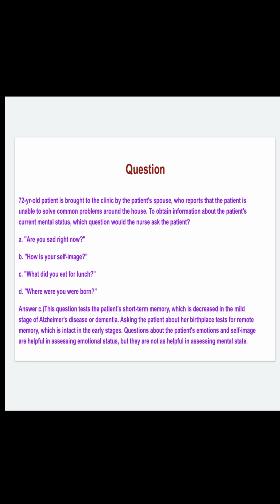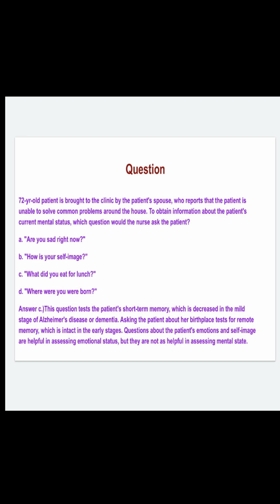Next one is, an older patient is brought to the clinic by the patient's spouse, who reports that the patient is unable to solve common problems around the house. To obtain information about the patient's current mental status, which question would the nurse ask the patient first?